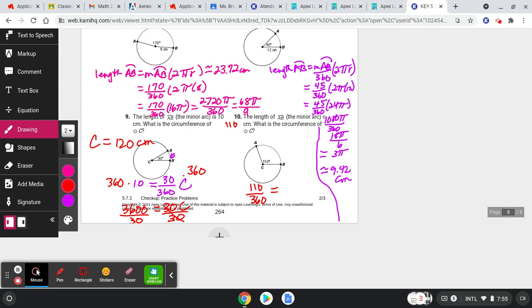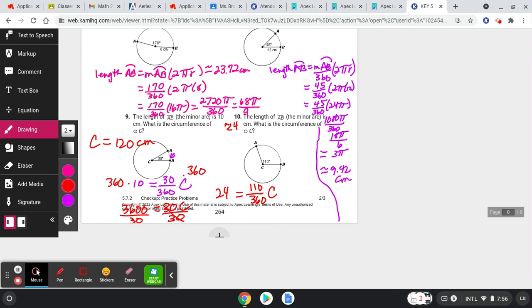Hang on. 24 is the number that got cut off. What is the circumference of circle C when the length is 24? So you need that piece in order to do this. Okay, so if the whole length is 24, 110 out of 360 times the circumference is equal to 24.